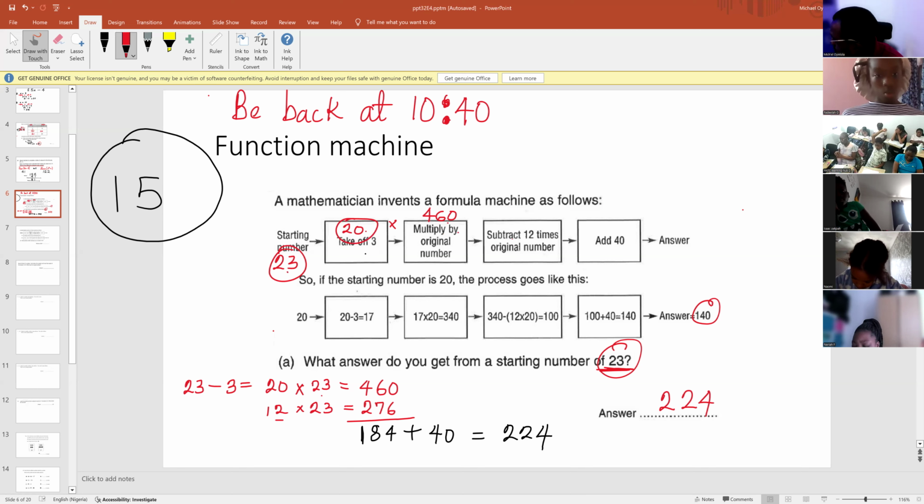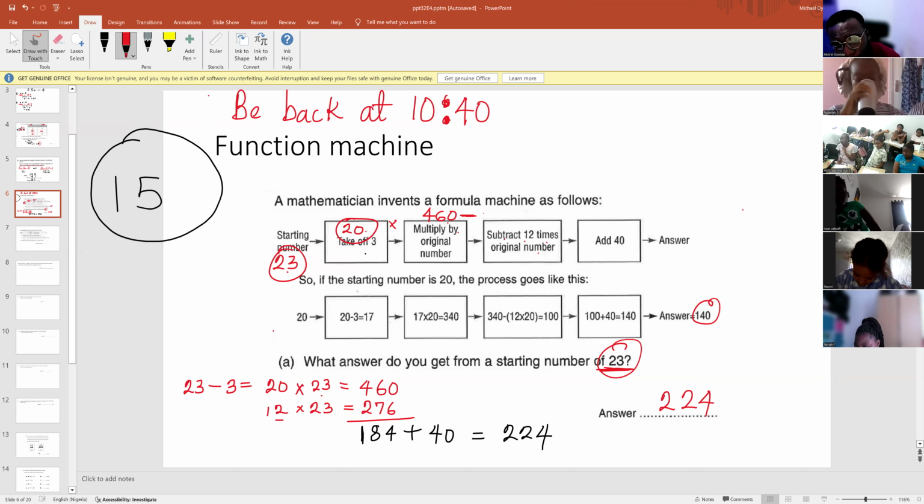Then the next box says, subtract 12 times original number. Subtract the 12 times from the previous answer. So whatever you do next, you do it on the previous answer.